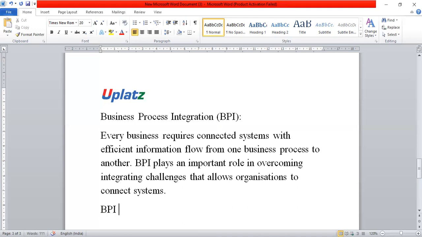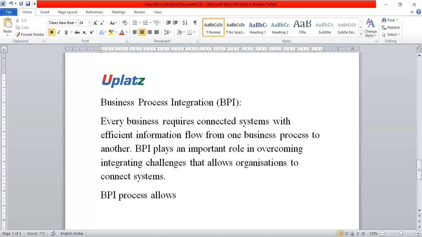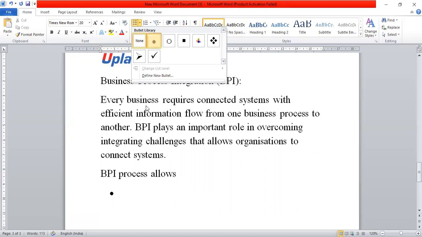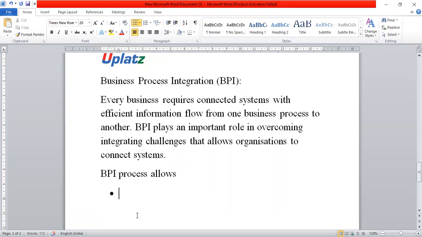The BPI process allows automation of business processes.